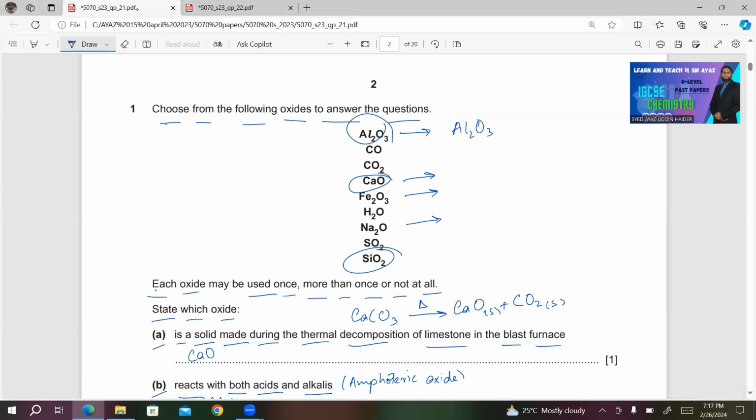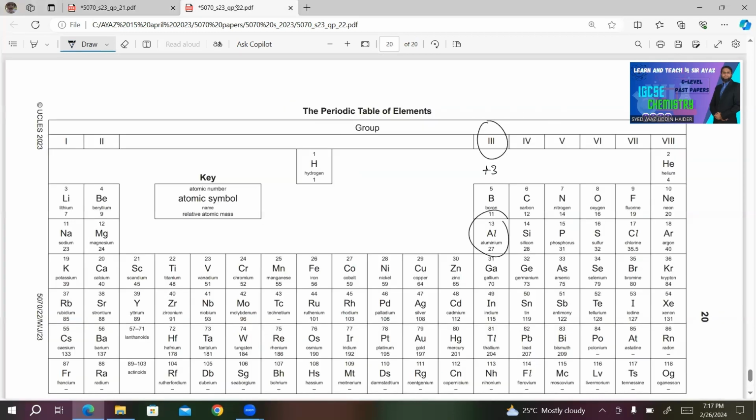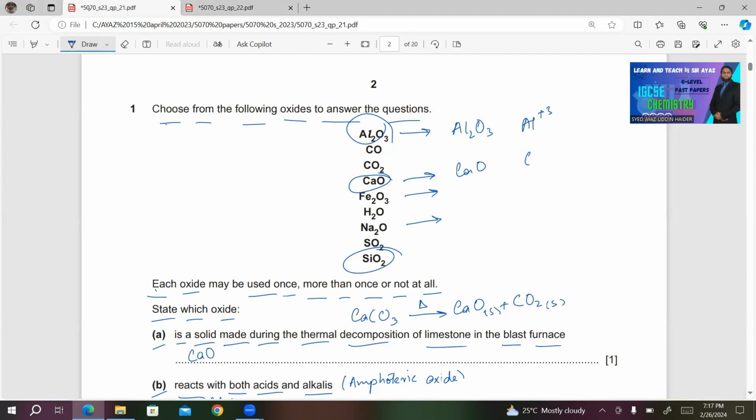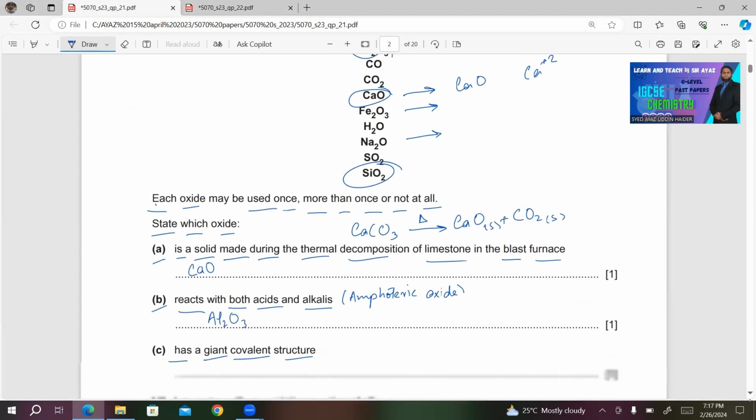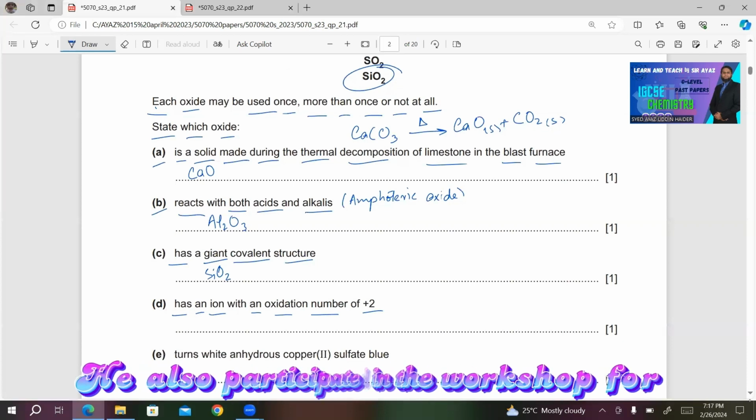So I will write aluminium +3. What about CaO? Where is calcium? Calcium is in group 2 and group 2 carries +2 charge. So Ca will be carrying +2 charge. So CaO must be the answer for this question.